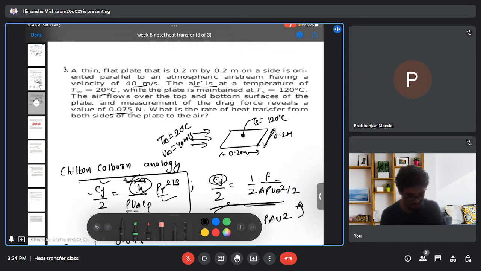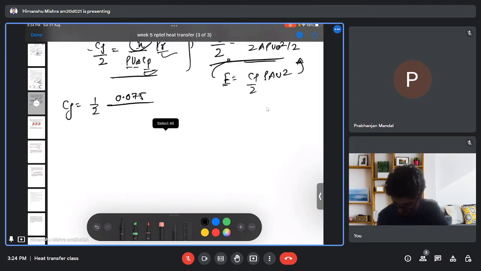So 0.075 Newton is the drag force which is given. This is my density of the fluid. So on solving this, I can write my drag coefficient as 5.76 times 10 to the minus 4.